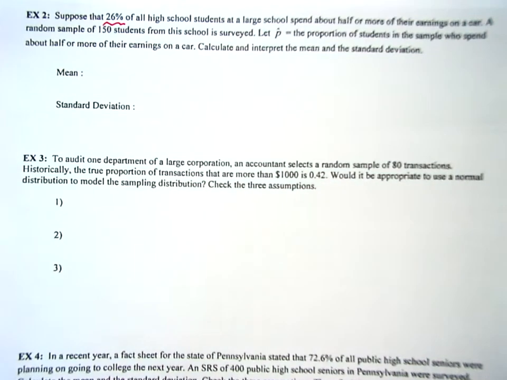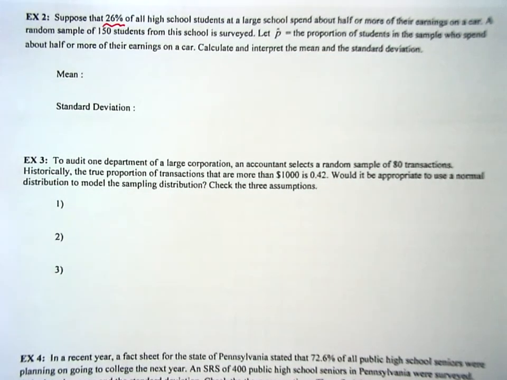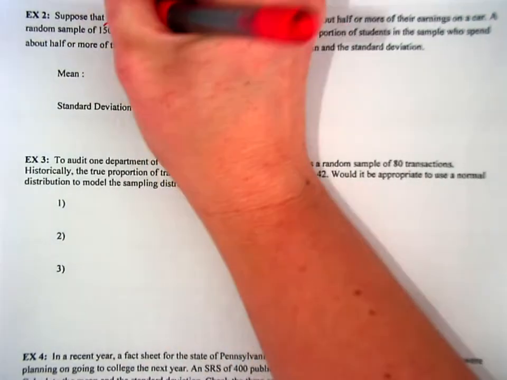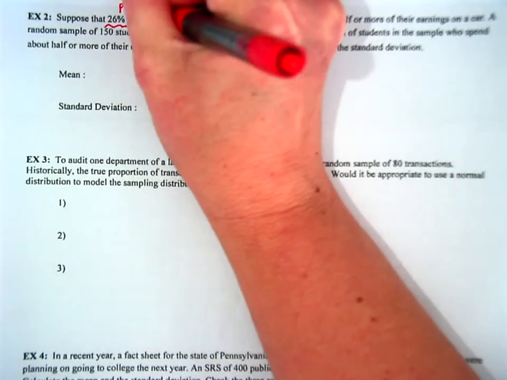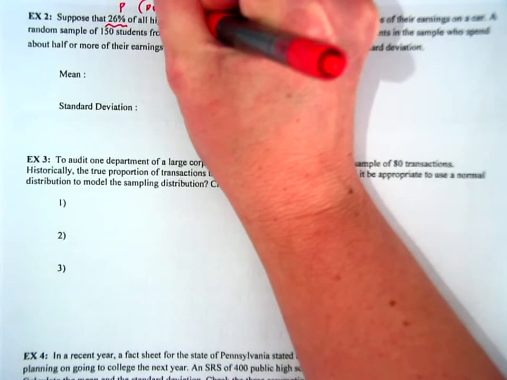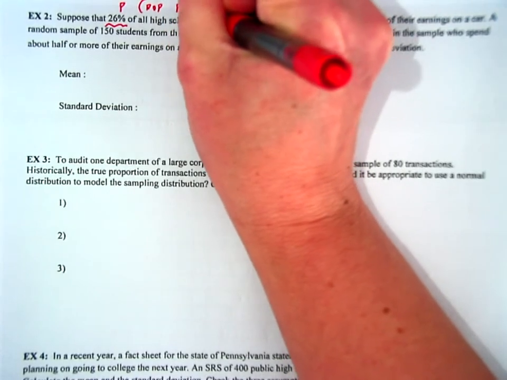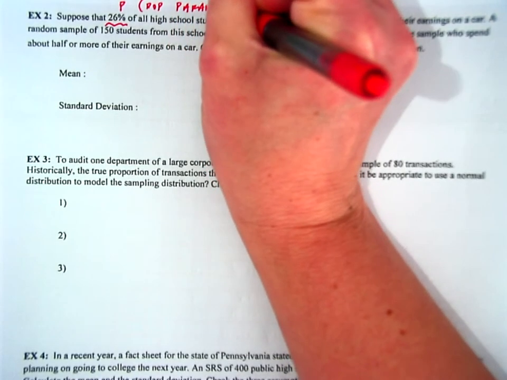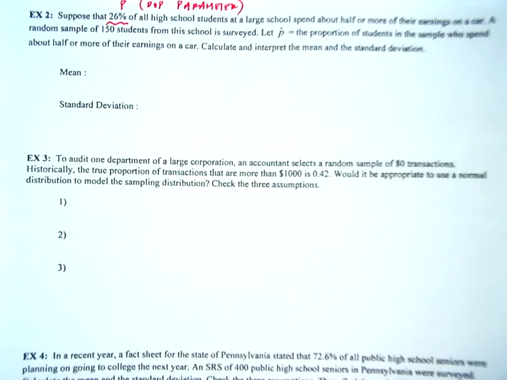So it's giving us p, the population parameter. A random sample of 150 students, so we love that it says random, from this school are surveyed. Let p hat, the statistic, represent the proportion of students in the sample who spend about half or more of their earnings on a car.